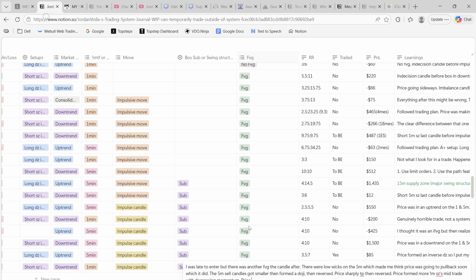Price made lower lows and lower highs. Okay. And then great trade, followed strategy. Very simple. Very simple.